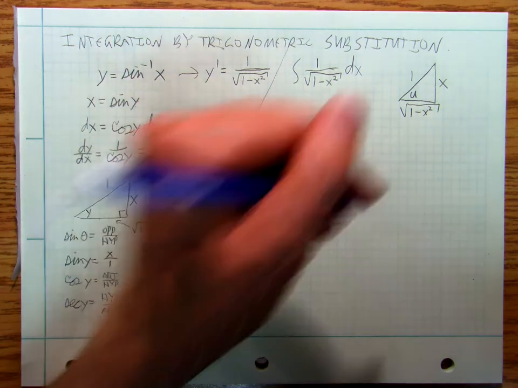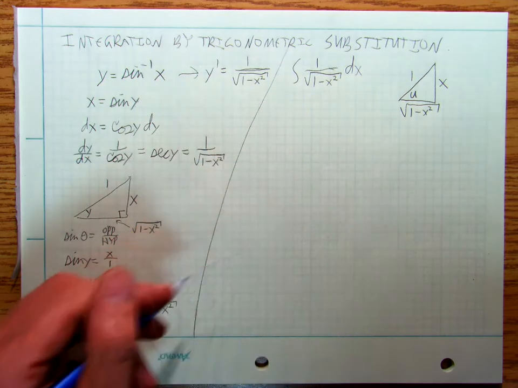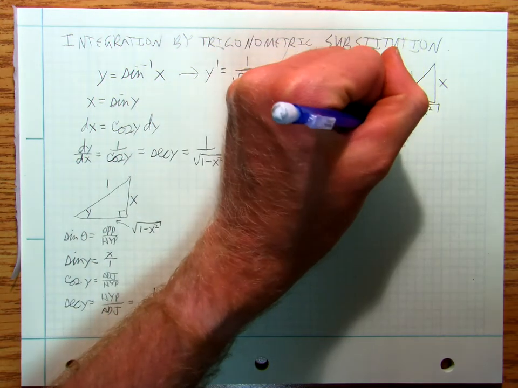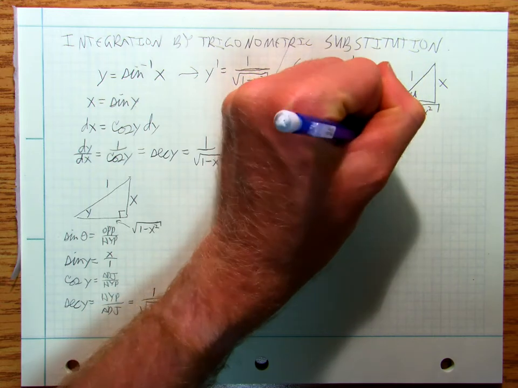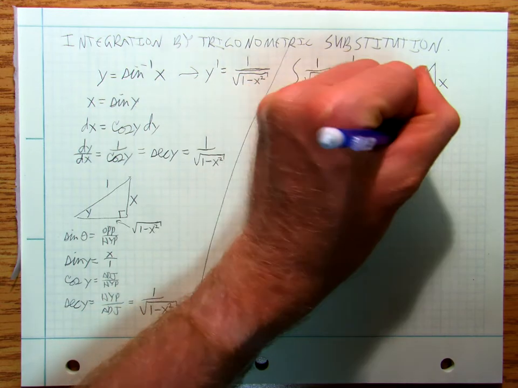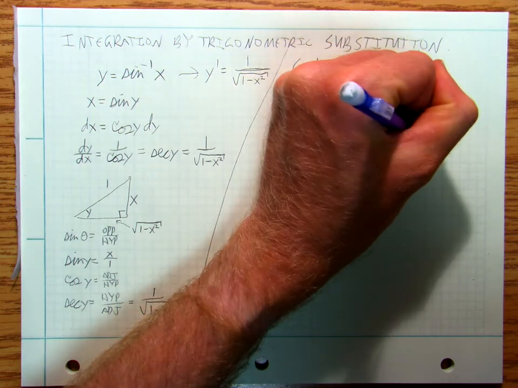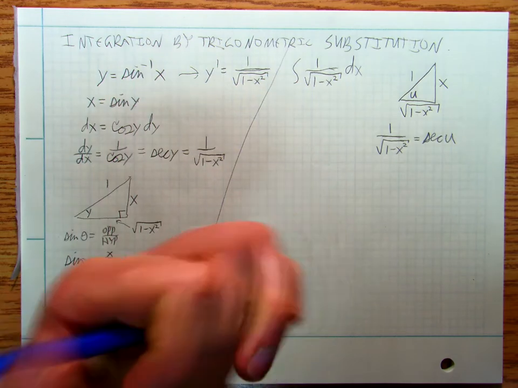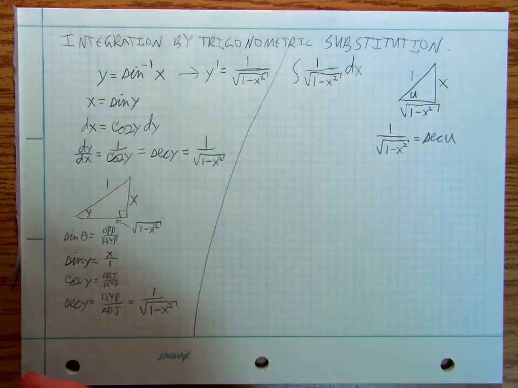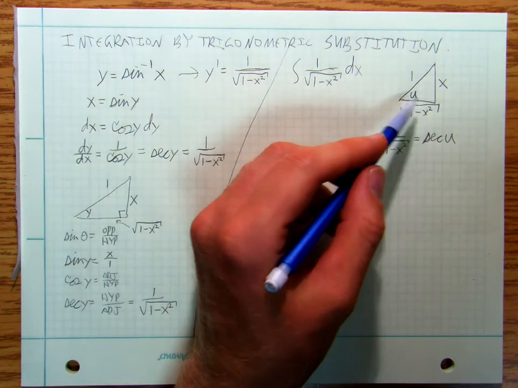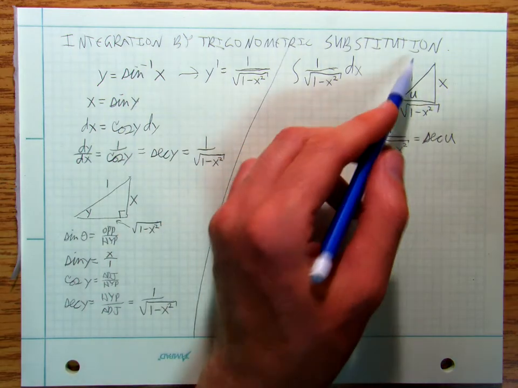Now what I'm going to do is I'm going to say that I've got 1 over the square root of 1 minus x squared. That's going to be equal to secant u. And then I want to look for the simplest relationship I can between x and u.